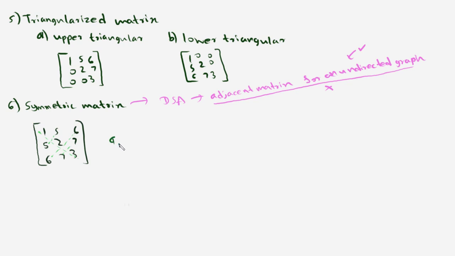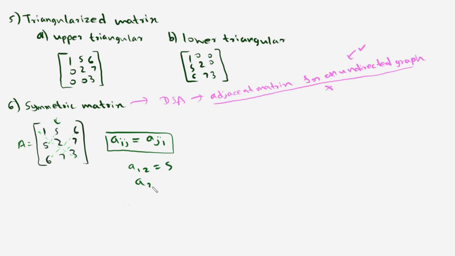So if you take any element aij within this A matrix, the aji element will also be equal. For example, let's say a12, which means 5.